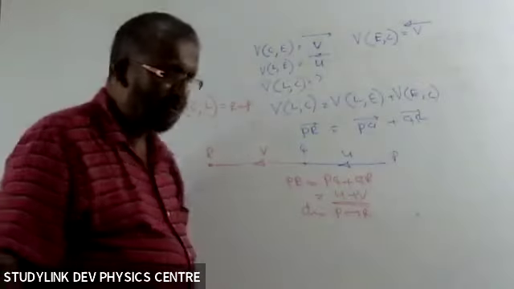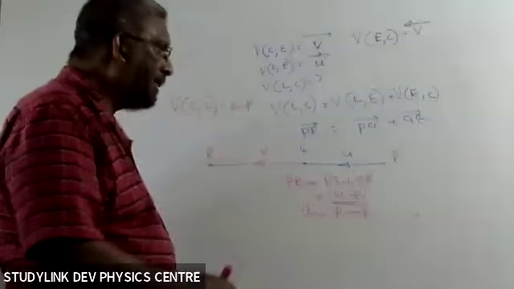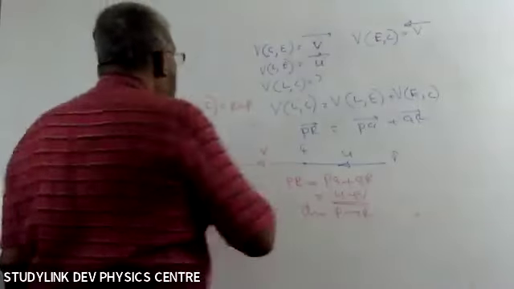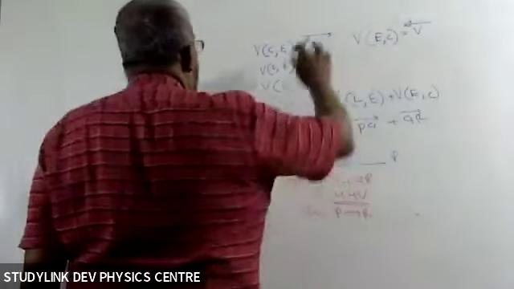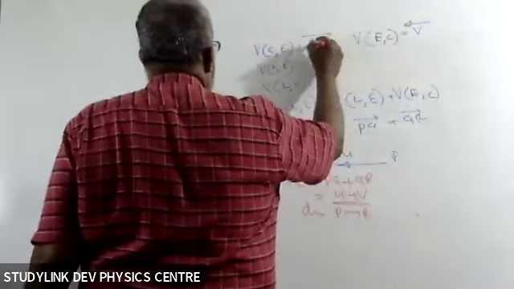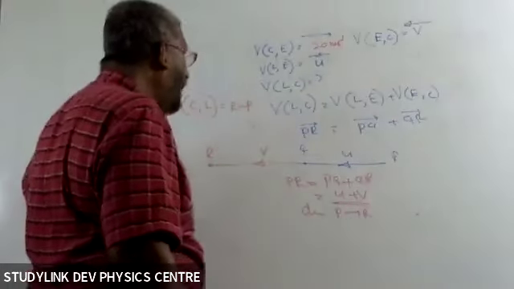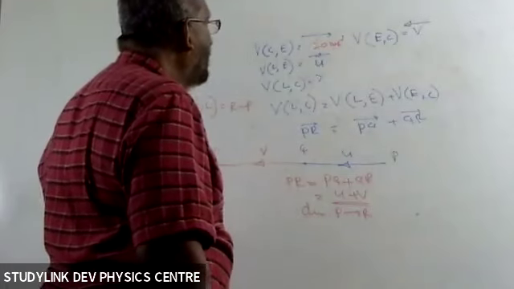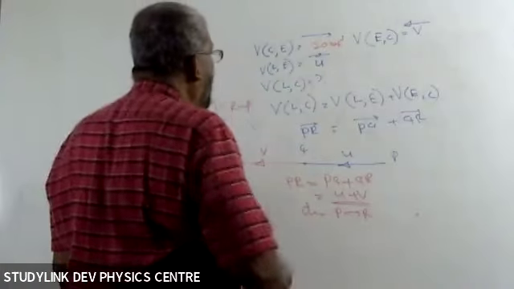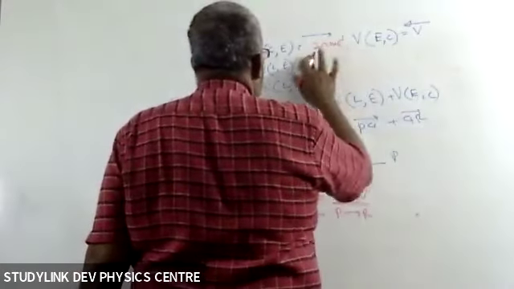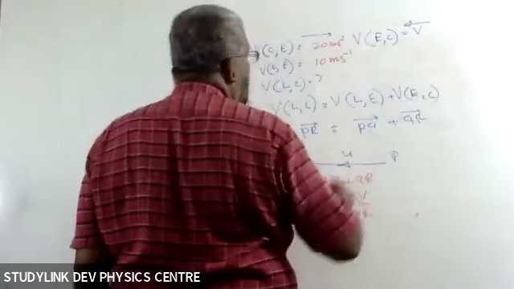Example. A car is moving towards east with a speed of 20 ms minus 1 towards east, and a lorry is moving with a velocity of 10 ms minus 1 to the west.